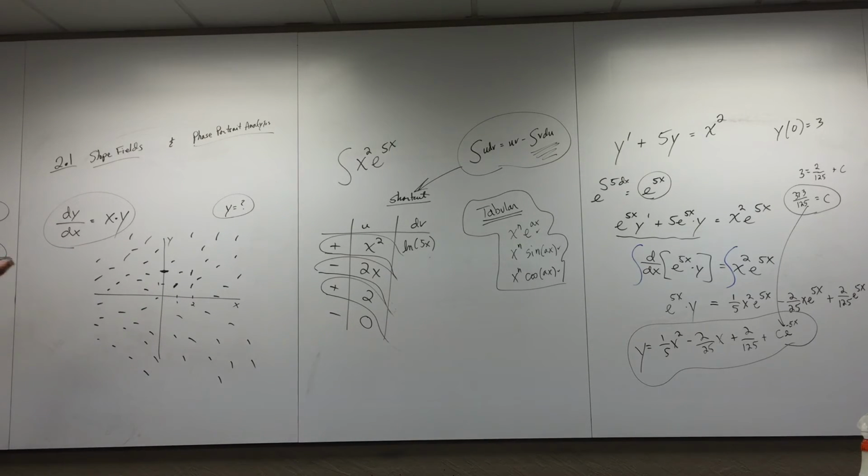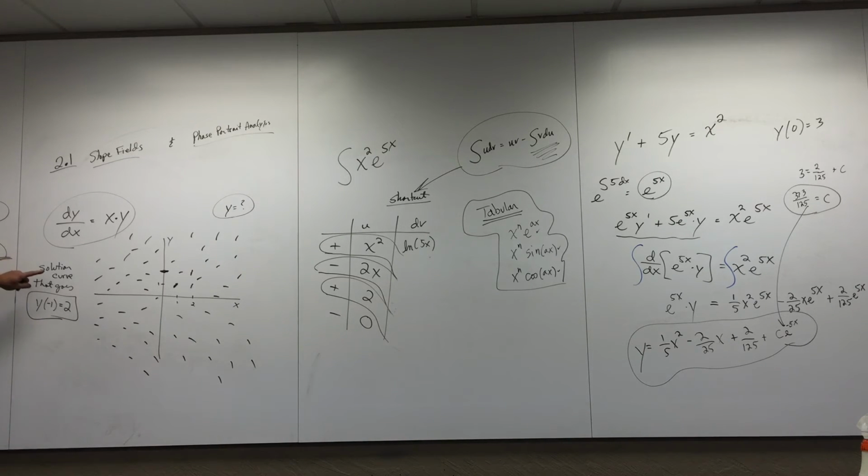If we have a picture of all the slopes, and I tell you that I want to find the solution curve that goes through the initial condition y(-1) = 2.